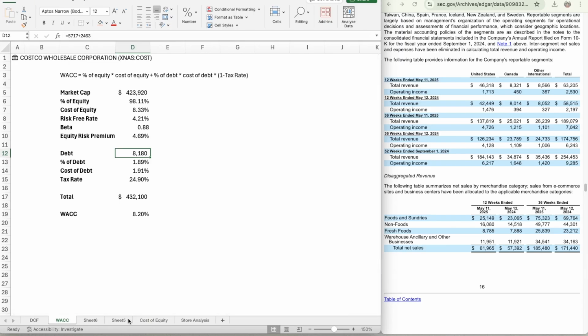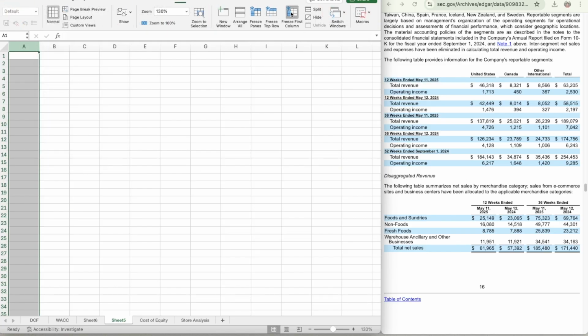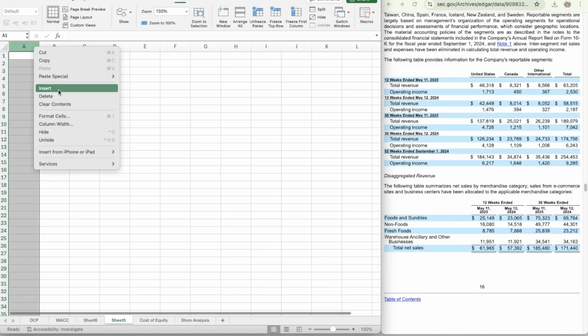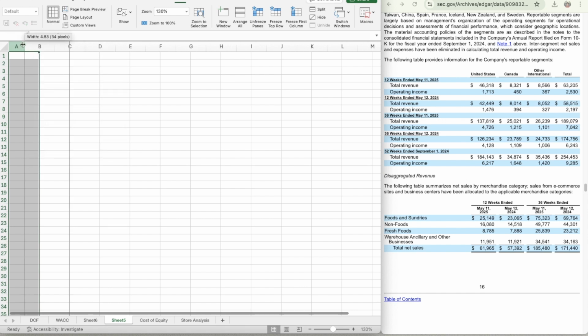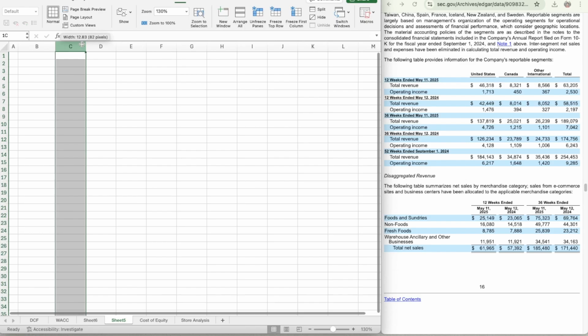First of all, let's start with the cost of equity. So open up a new sheet. As always, the first thing we do is we go to View and freeze the first column, and then let's insert another column here. Let's make A smaller and B larger.